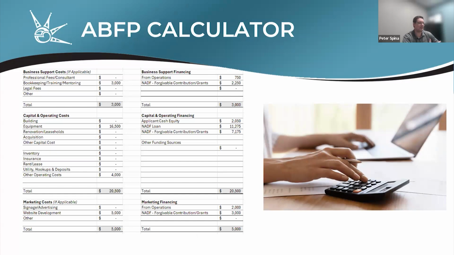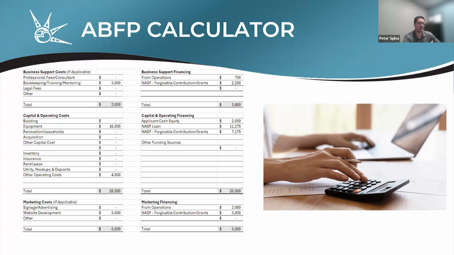So the other part of this presentation is for the ABFP calculator. A lot of times it can be a lot of numbers thrown at you to figure out how much the grant would be towards certain pricing. So what I did to help myself out was I came up with an Excel spreadsheet that does all the math to help me figure out what's covered under ABFP and what's not.